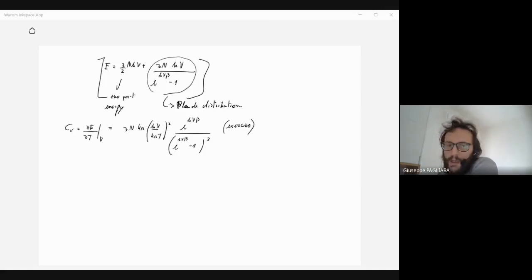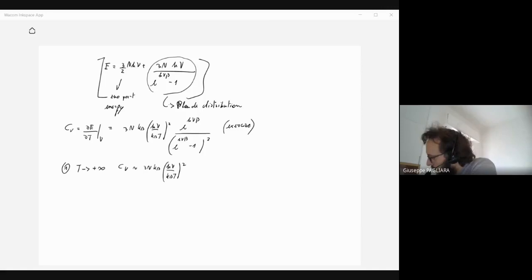Now, the discussion is typically done on the two limits of this formula. First of all, in the limit in which T goes to plus infinity, Cv scales like 3N kB times h nu divided by kBT squared. Then I have a 1 at the numerator, and at the denominator, since I have an infinitesimal quantity, I just expand. e to the x minus 1 is proportional to x.